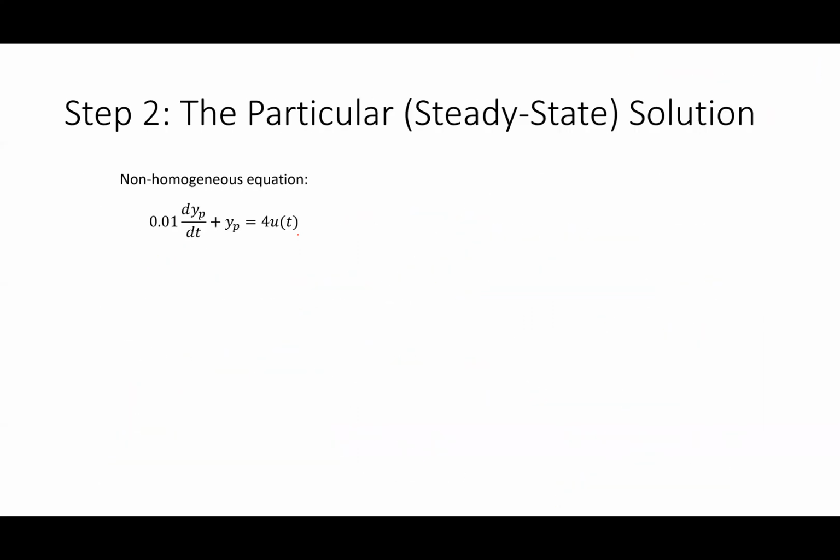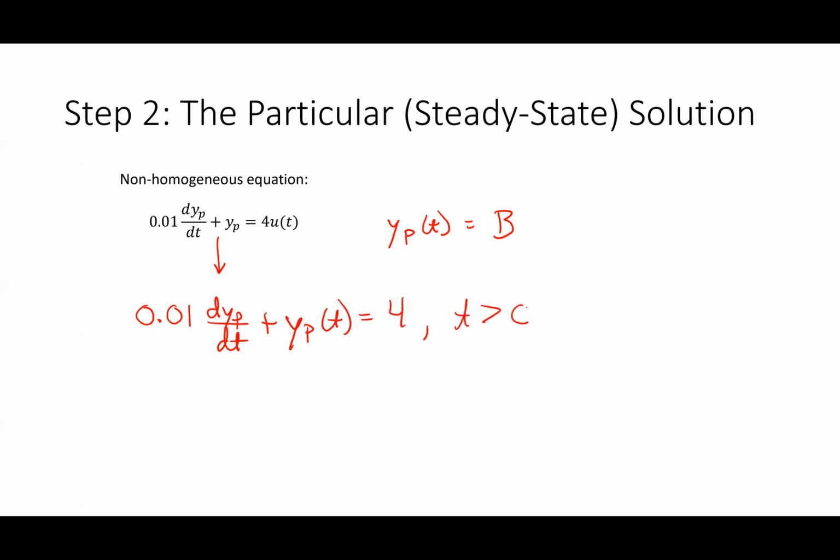So let y sub p of t be a constant, b. And I usually get rid of this u of t thing because I don't like it. I write it like this, equals 4 for t greater than 0. That'll work for me.